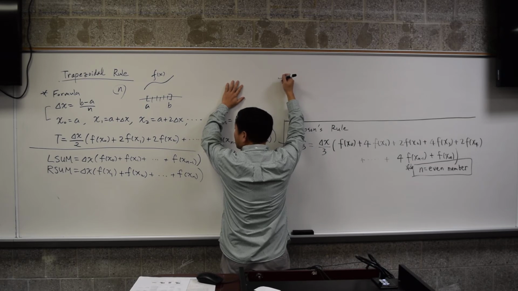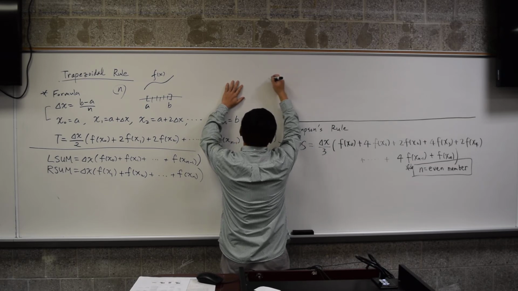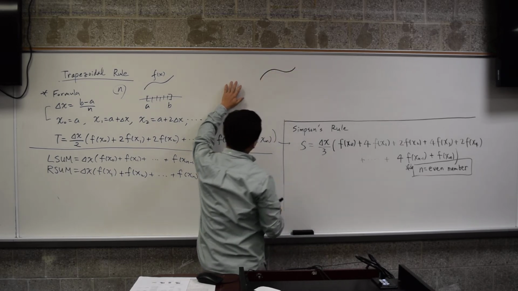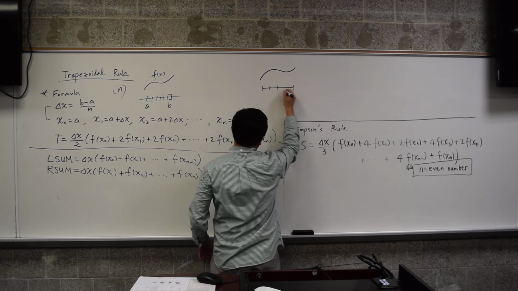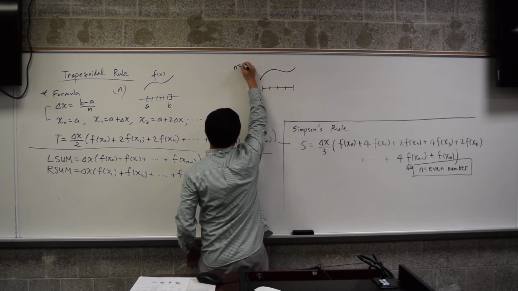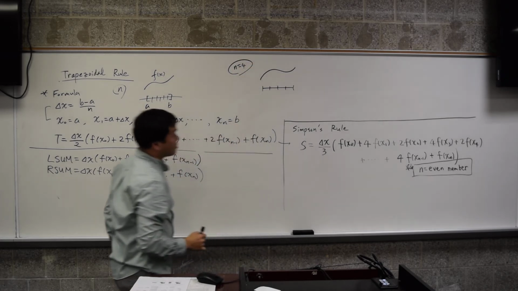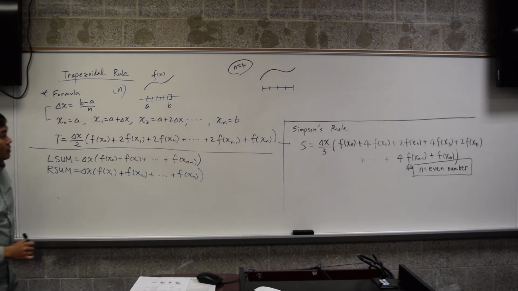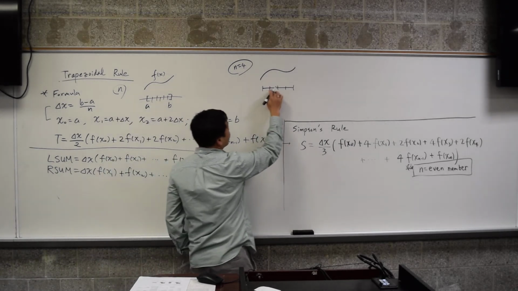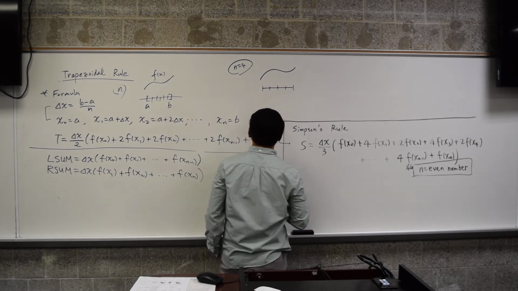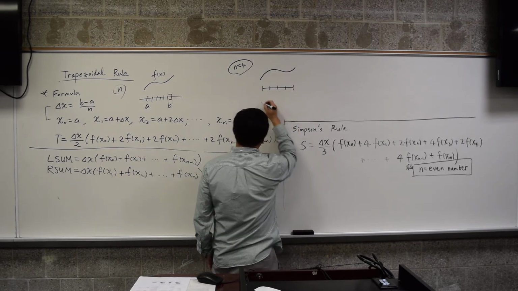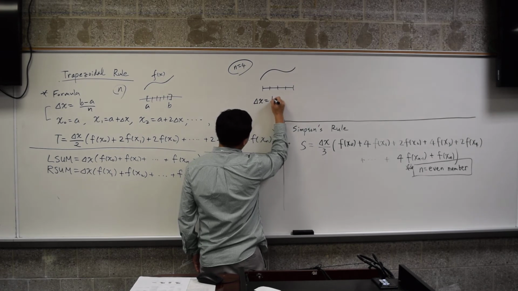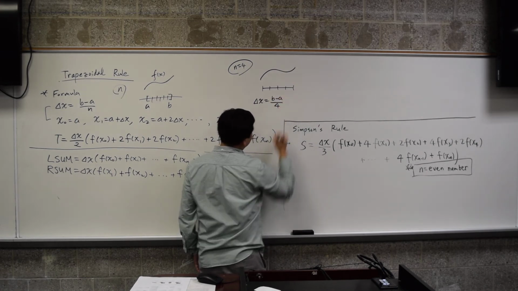So it's like this. If you have some function, and let's just say n is 4 for a minute, just to make things simpler. So we have just 4 subintervals. Now, the formula for this one is delta x would be b minus a over 4, because n is 4.